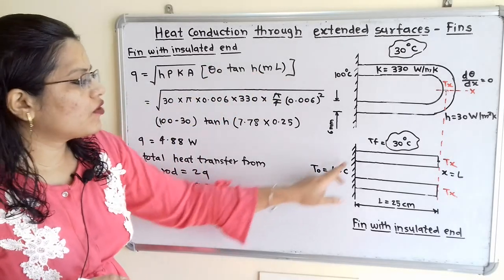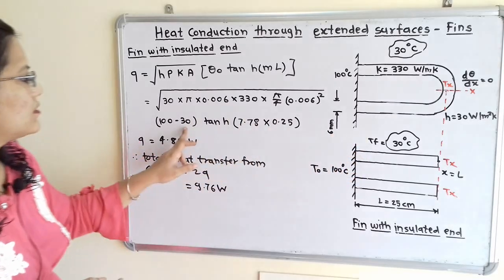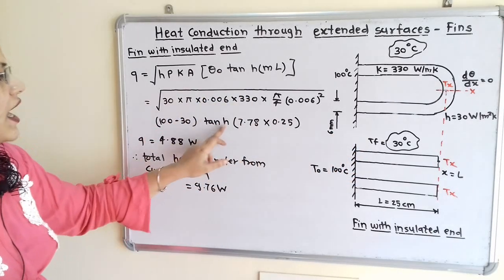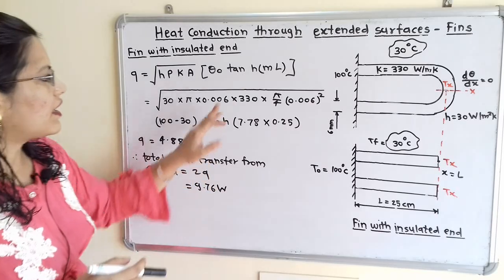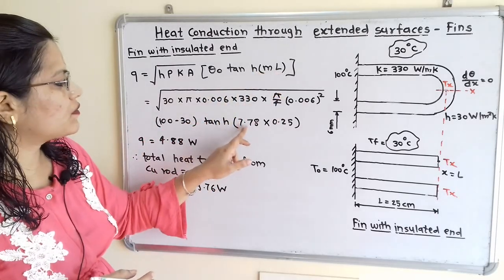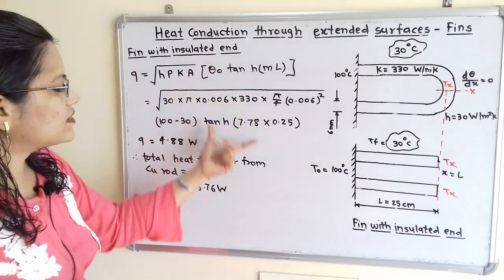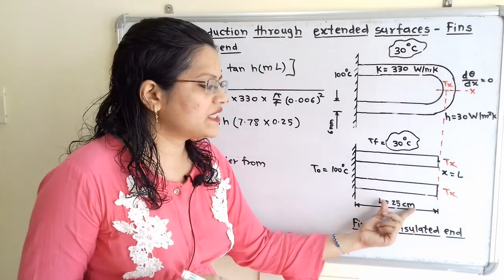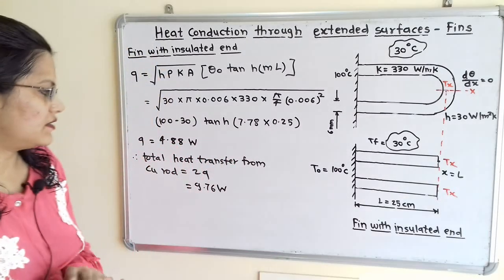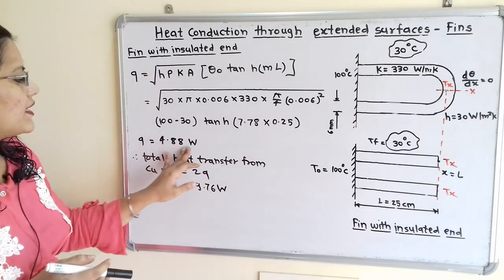That is To minus Tf, that is 100 minus 30, into tanh, the hyperbolic function of tan, and here m into L, that is 7.78 into 0.25. This answer will be for only one fin, which has 25 centimeter length. So the answer is 4.88 watt.